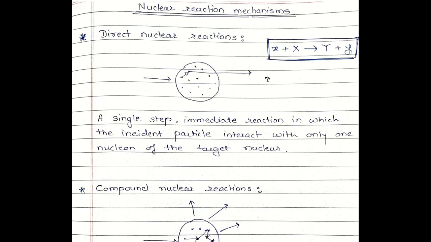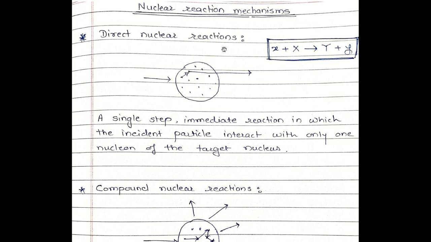So this direct nuclear reaction is a single step immediate reaction in which the incident particle interacts with only one nucleon of the target nucleus. We call this reaction the direct nuclear reaction.